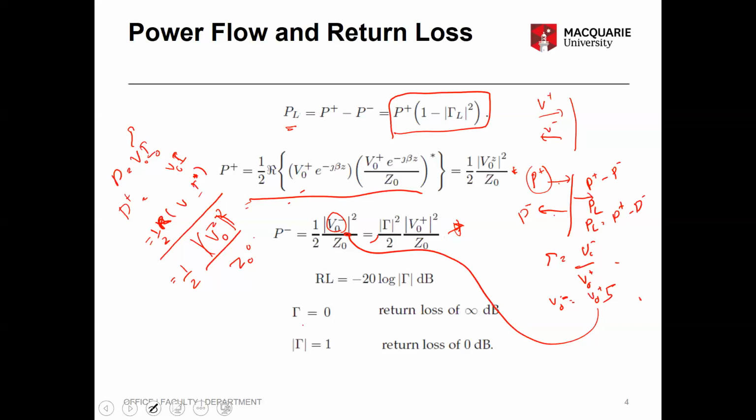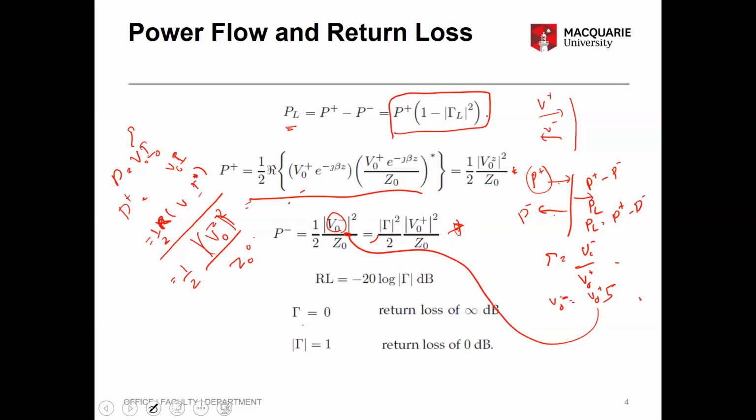The smaller it is, the better, because you are delivering almost all of your power to the load. So in systems like the amplifiers you are designing, we want the return loss to be as small as possible. Because it's a loss, it's a positive term. That's why you have the negative sign here, to make it positive.